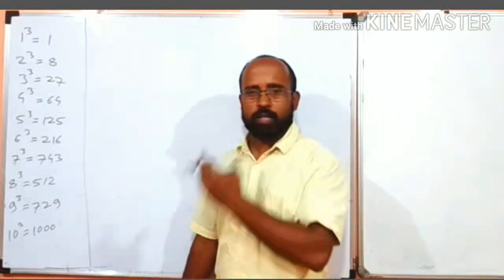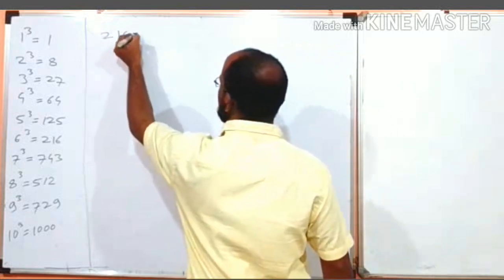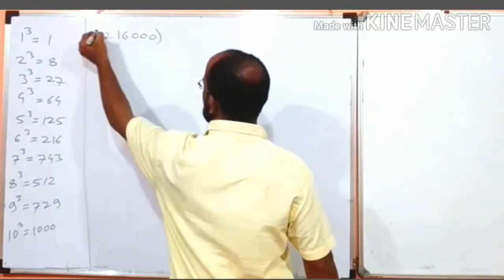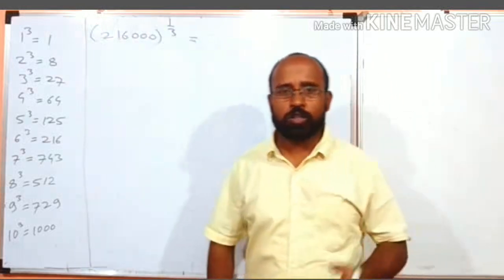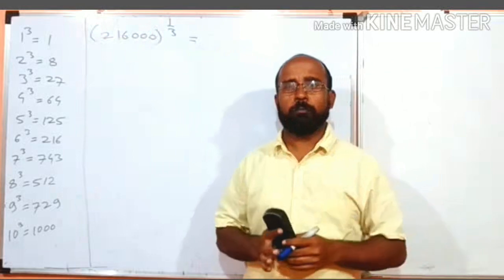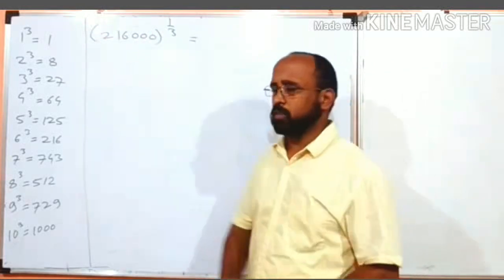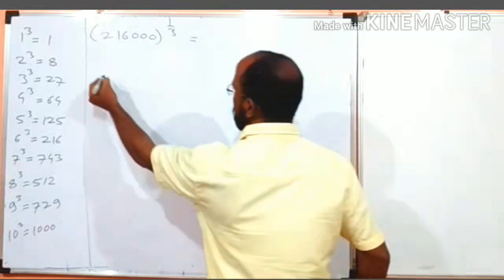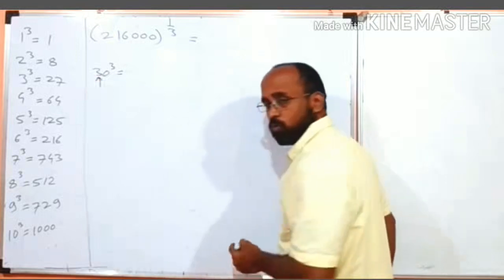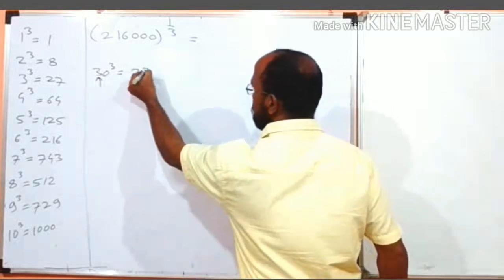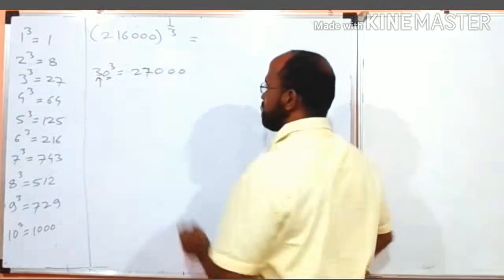For example, the question is: find the cube root of 216 ending with 3 zeros. So how will you find it? Friends, we know the rule. If you are making the cube of a number ending with 0, its zeros get tripled. Means if I have to find the cube of 30, then I just have to write the cube of 3, 27, and this 0 will get tripled, 1, 2, 3.